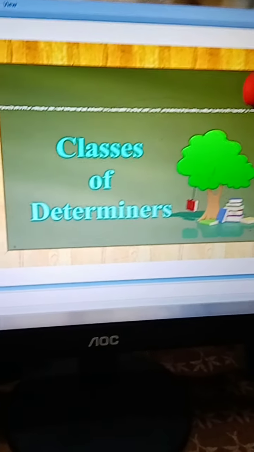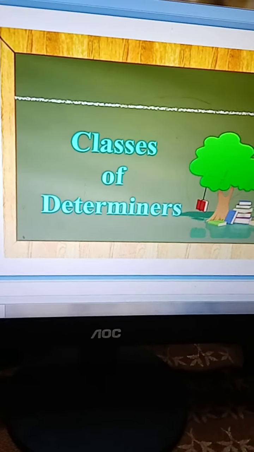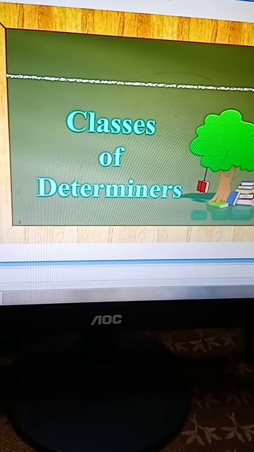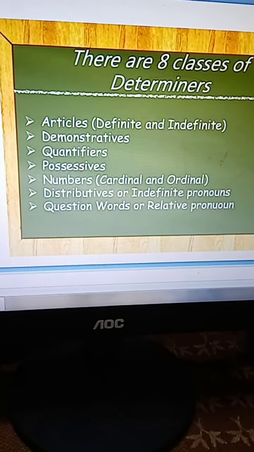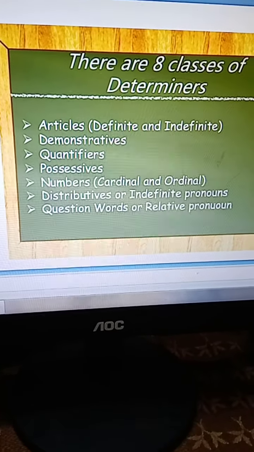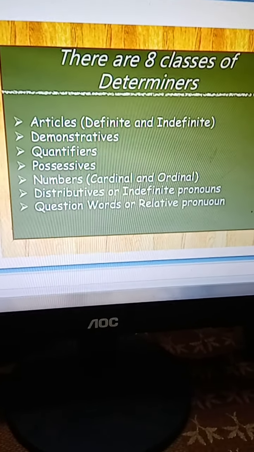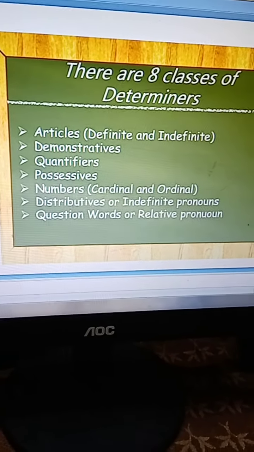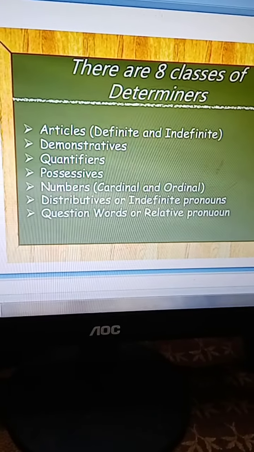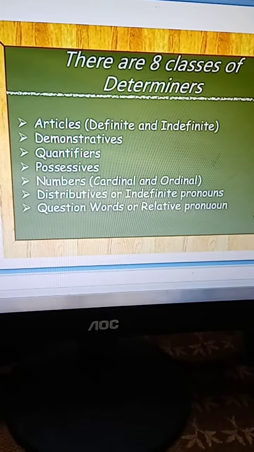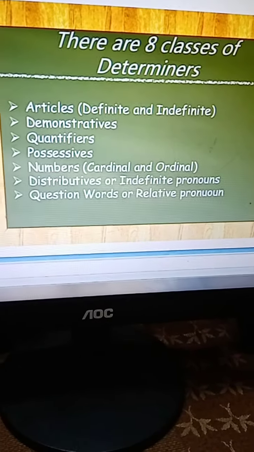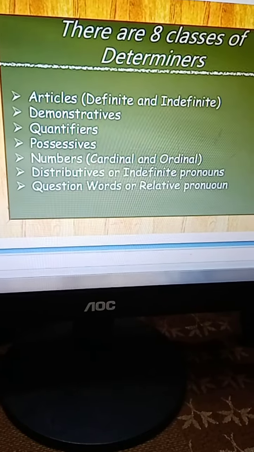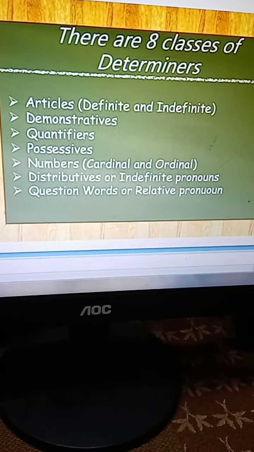Now you should know the classes of determiners. Determiners are classified into 7 different groups. By mistake it is written 8 here, but it is 7 different groups: articles, demonstratives, quantifiers, possessives, numbers, distributives or indefinite pronouns, and question words or relative pronouns.